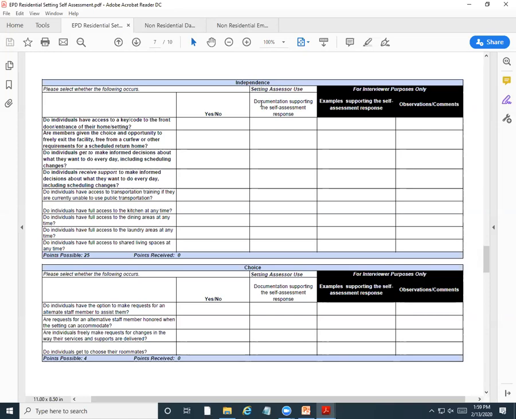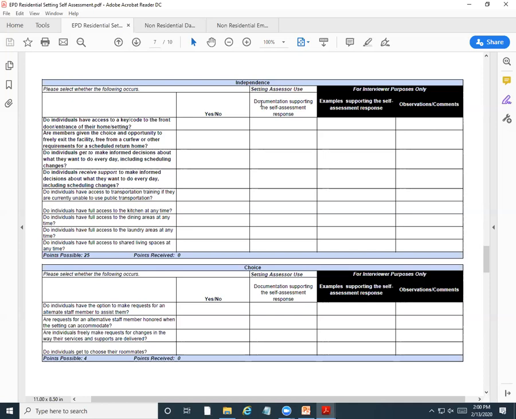Are individuals freely able to make requests for changes in the way their services and supports are delivered? Do you have a good example for that one? I'm trying to think of one. This could be accommodations for food preferences.